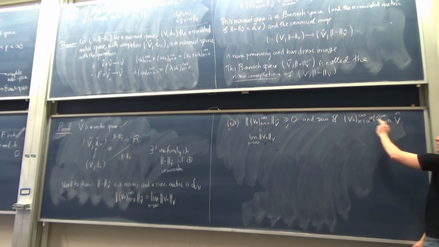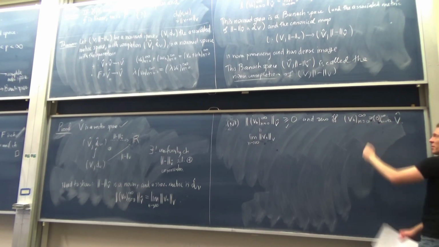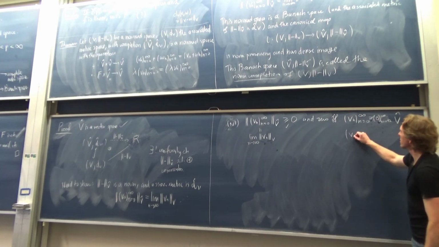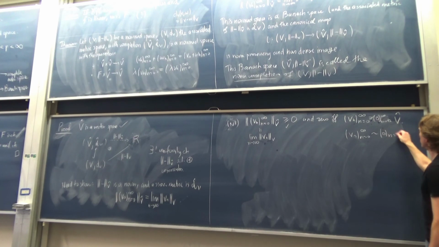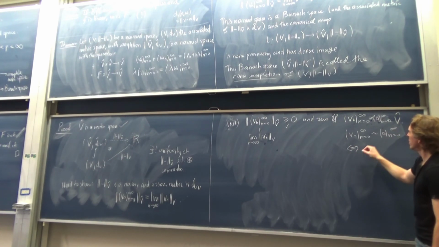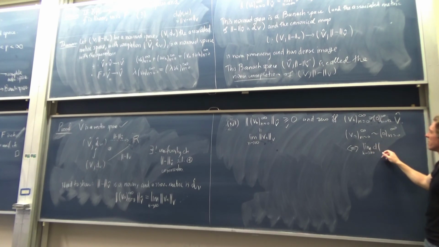This is in V hat, so the equivalence classes are the same, which just means this is tilde that. The tilde relation says that the limit as n goes to infinity of d_V(v_n, 0) is 0.